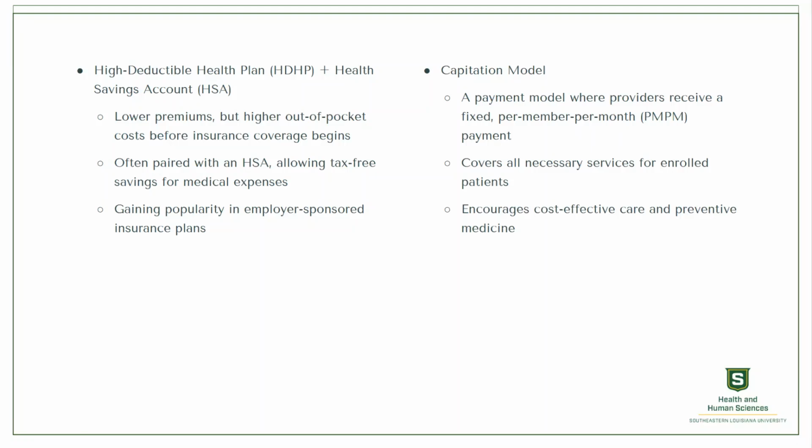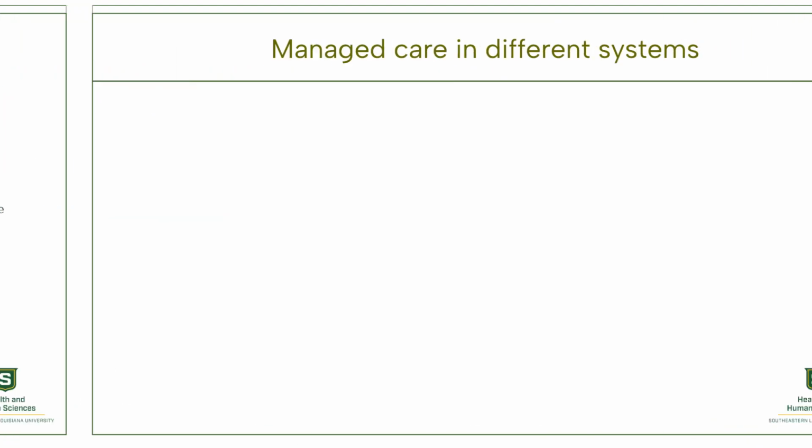But like I said, the providers get a flat fee, so coming and seeing this patient for preventive care that doesn't require as many services, you get the same amount of money. So it encourages cost effectiveness in that sense.